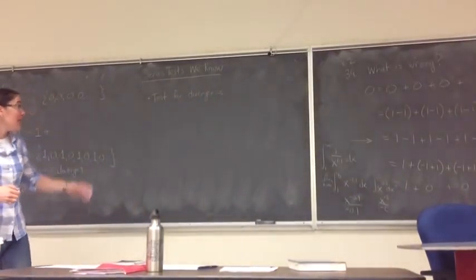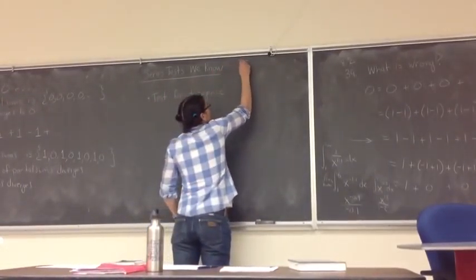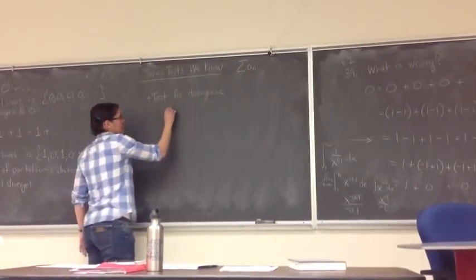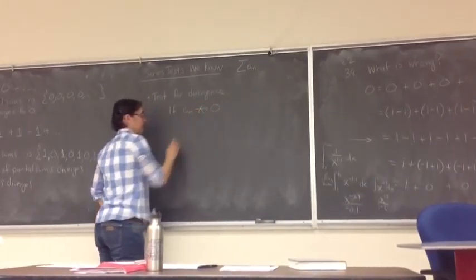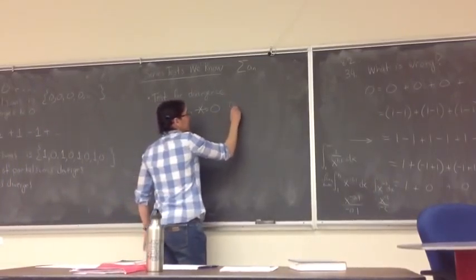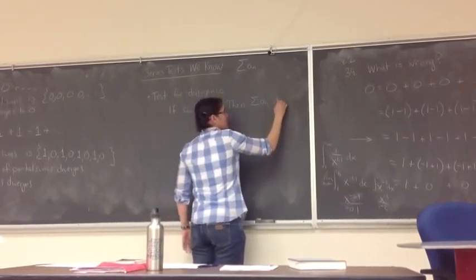Remember last time when we talked about the test for divergence, we're looking at the sum of all the a_n's. The test for divergence says that if the terms of the series do not approach 0, then the sum of all the terms diverges.